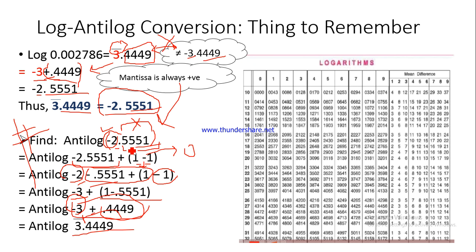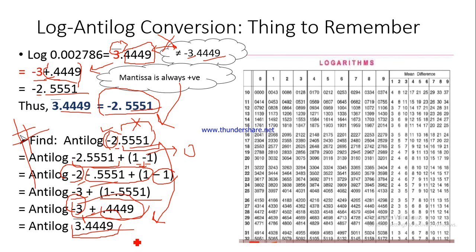Now for this kind of questions, I will have to basically convert this into this particular form, and the method is the plus 1 minus 1 method. And once you have done this and you have found out this particular kind of a value, you have converted it into this kind of a value where we have got a 3 bar 0.4449, which would mean 3 negative, however the remaining portion still positive. Then I can go ahead with finding out the antilog, right? Not before that.